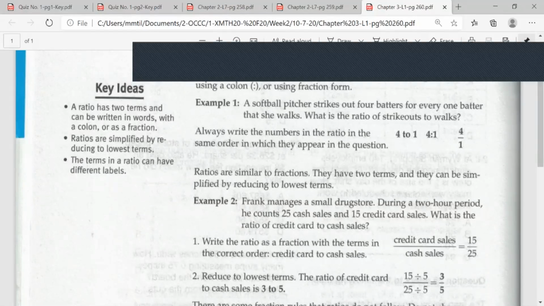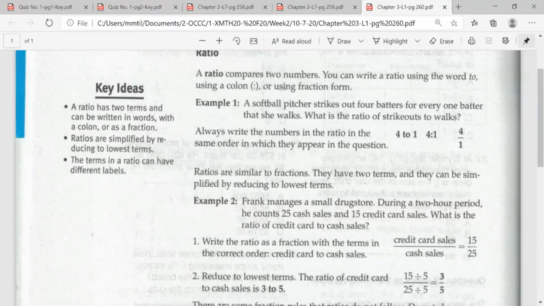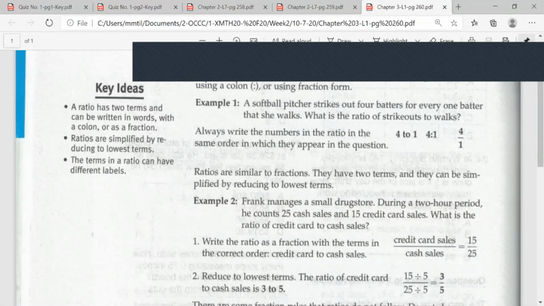Example 2, Frank manages a small drugstore. During a 2-hour period, he counts 25 cash sales and 15 credit sales. What's the ratio of credit card to cash sales? Well, you just write it right out. Credit card sales to cash sales, 15 over 25. But we want to reduce this to its lowest form.